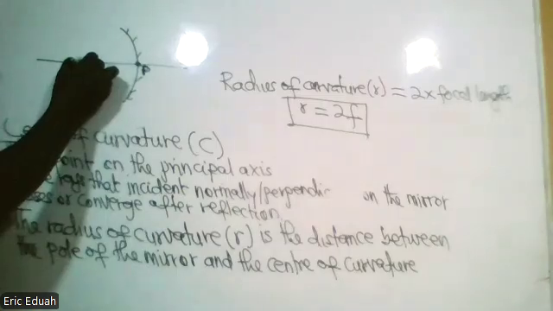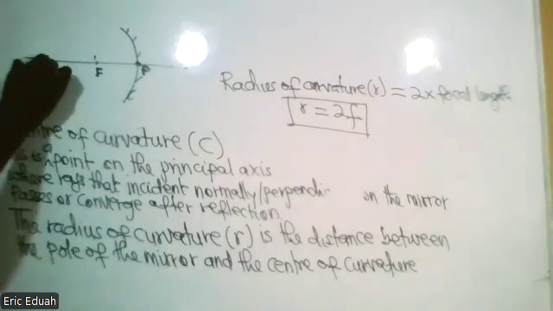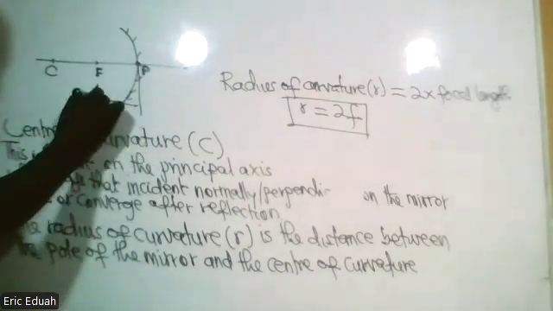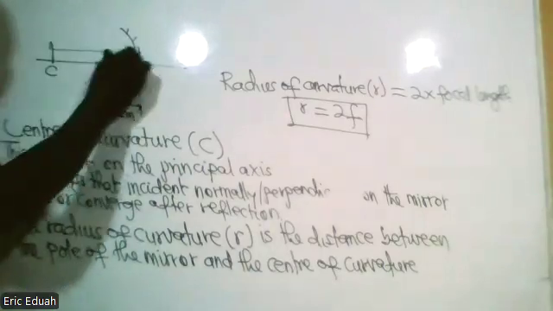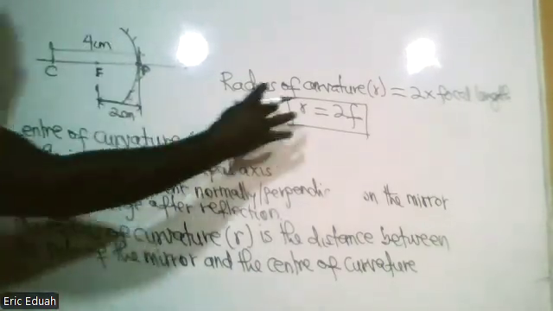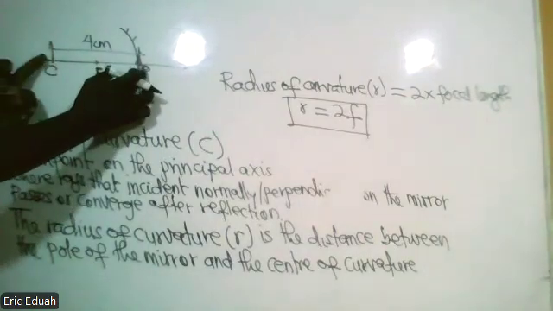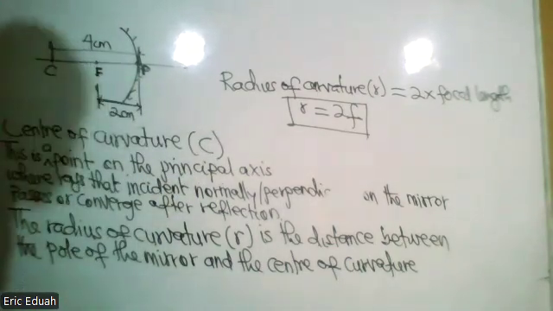If from the pole to this point F, the principal focus, is maybe 2 centimeters, then from the pole to C, this distance must be 4, because R is equal to 2 times F. Whatever you measure for this, twice of it must be the distance from the pole to C. You must adhere to these rules religiously. We'll be using this relation a lot.